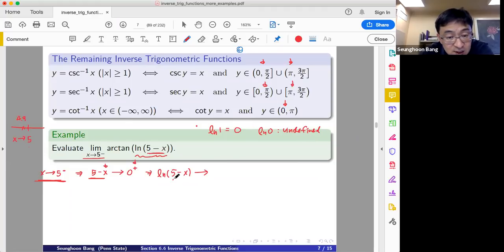Here, the inside one, 5 minus x, approaches 0. You can sketch the graph of the ln function. The graph of ln of x is like this.